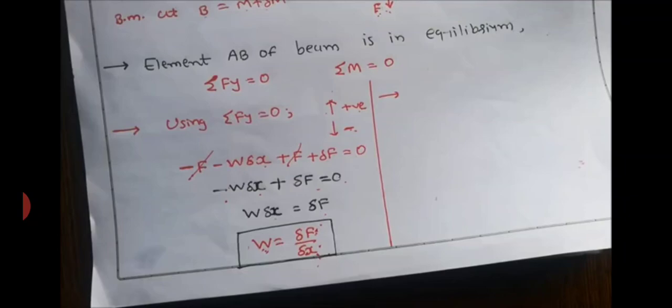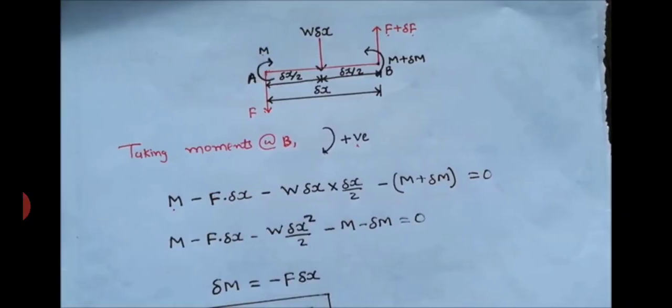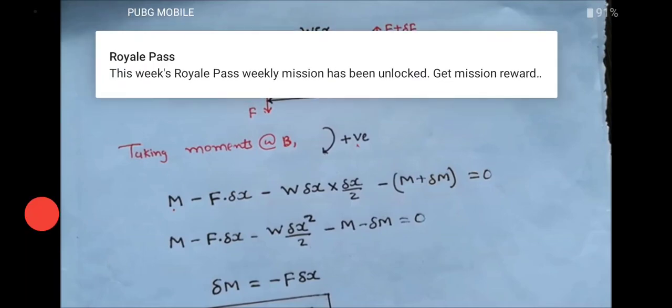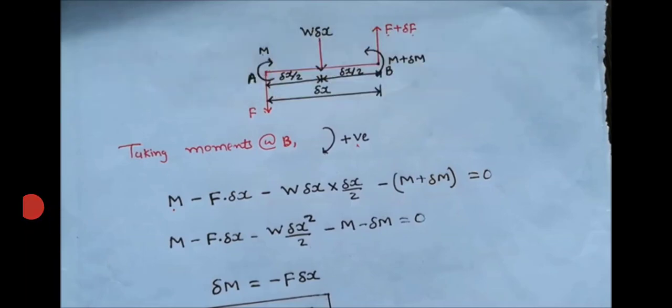Now coming to the next part, that is taking the moment equation at B. There is a clockwise moment M at A and an anti-clockwise moment M plus delta M at B, and you will take clockwise as positive.